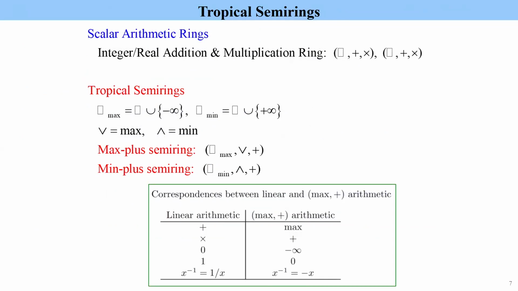So for those members of the audience that are not familiar with tropical mathematics, just a few quick definitions and mentions. We have the two tropical semirings, the R max.